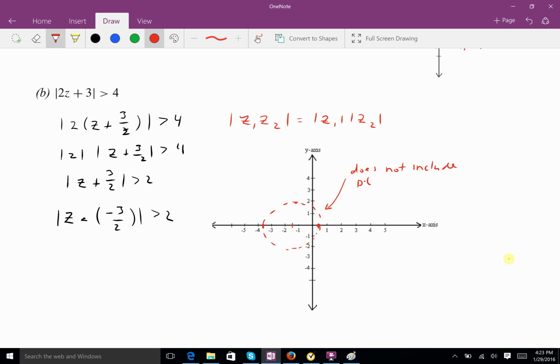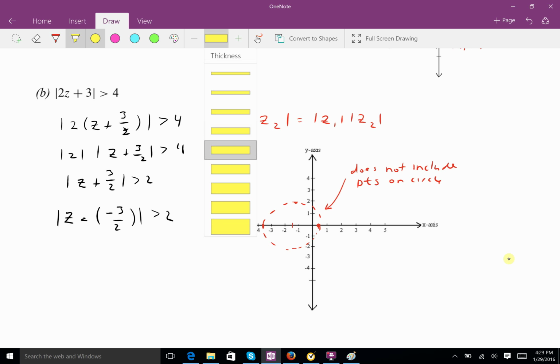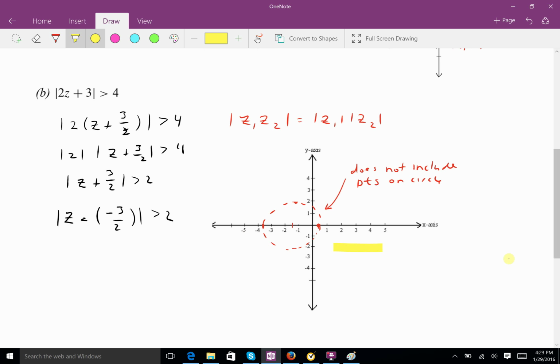Just the points on the outside. So I'm going to shade the outside here like this. Okay. Just going to shade the outside of the circle. So it'll look like this.